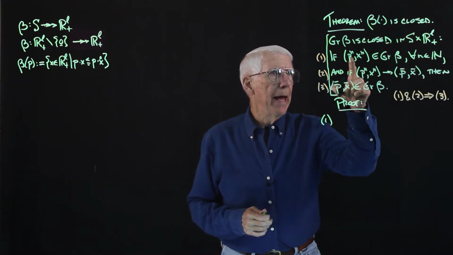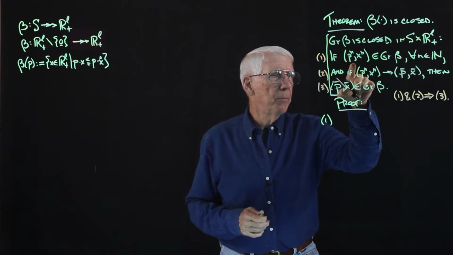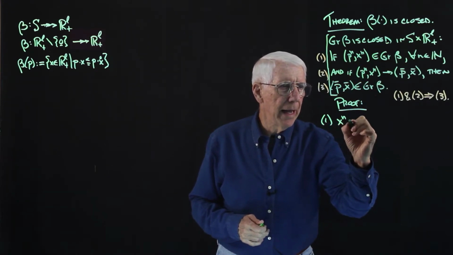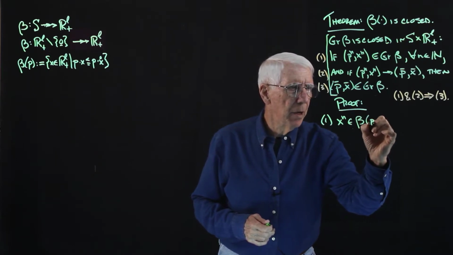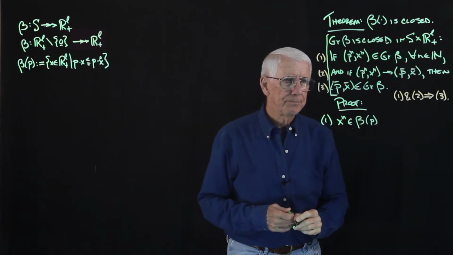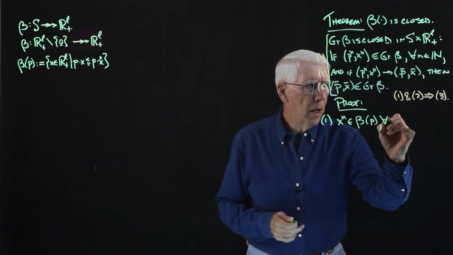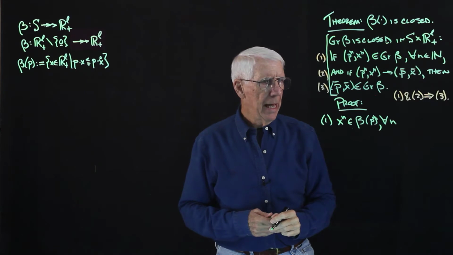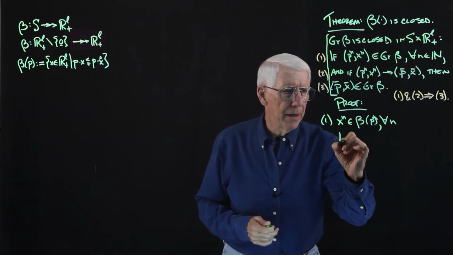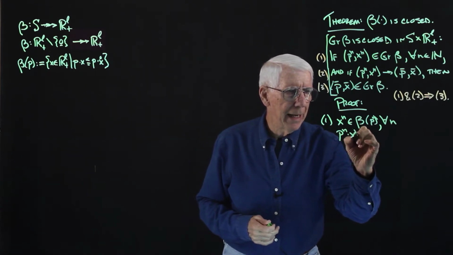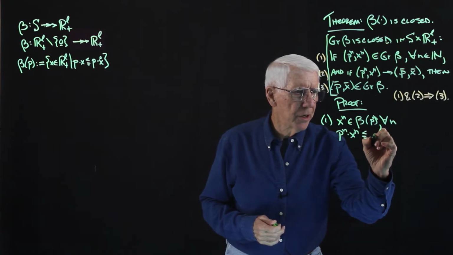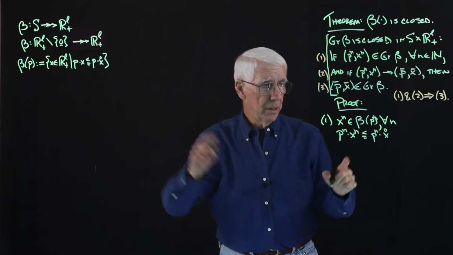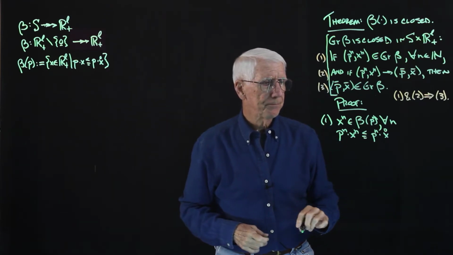Let's say that the pair Pn, Xn in this graph means that Xn is in the budget set at Pn for all n. That says that Pn dot Xn is less than or equal to Pn dot X circle. That's the definition of the budget set.